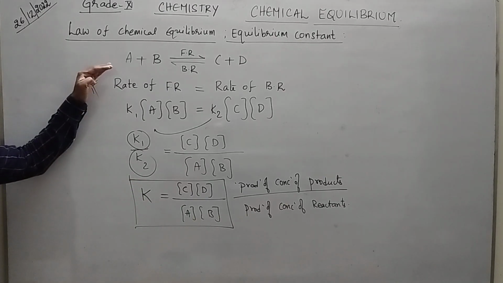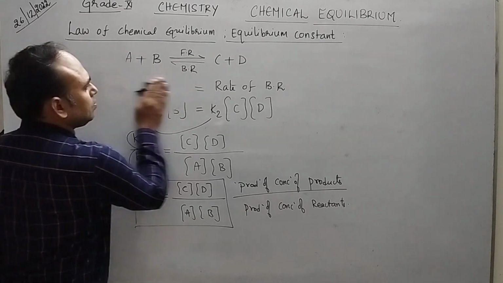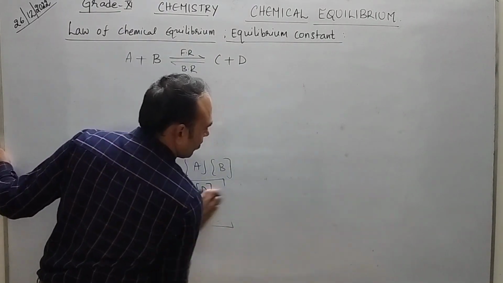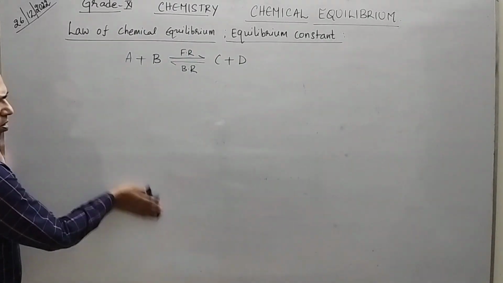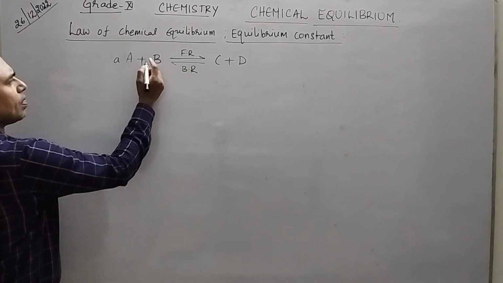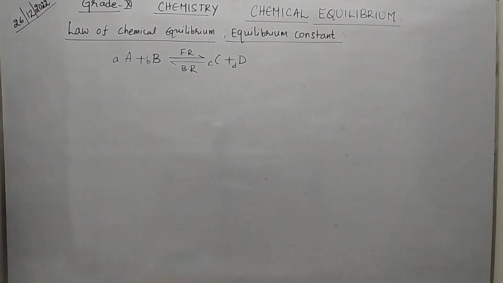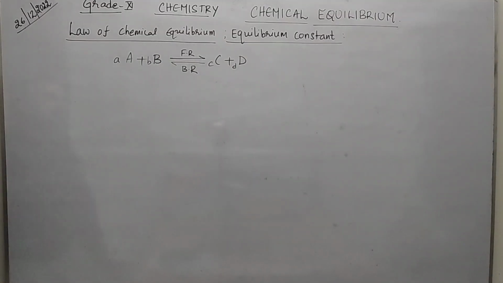Now let us see, if there are some coefficients, what will be your equation. So up to this you have understood. Now if you take coefficients small a, small b, small c and small d, this is the equation. For this, how do you get the equilibrium constant?